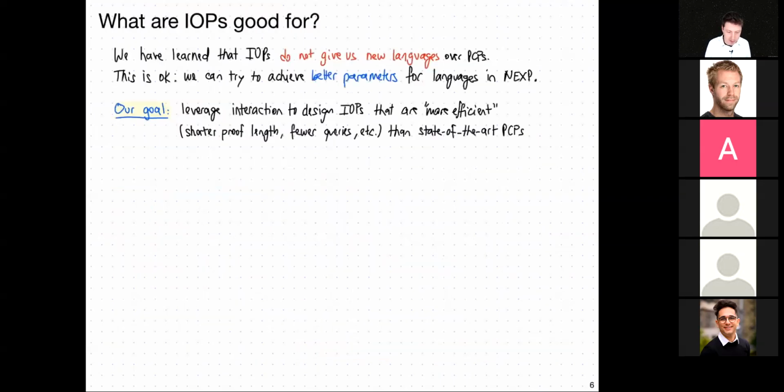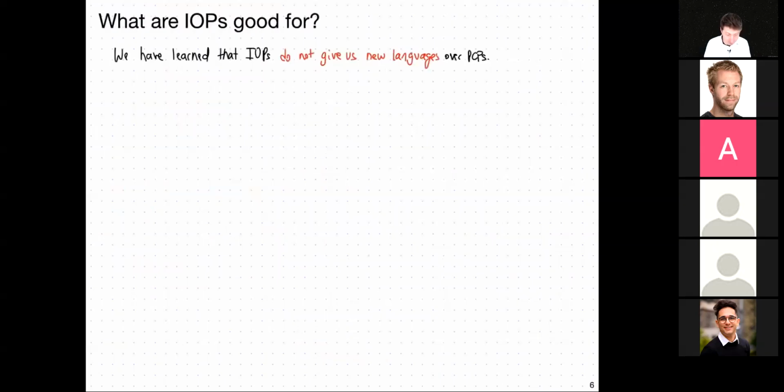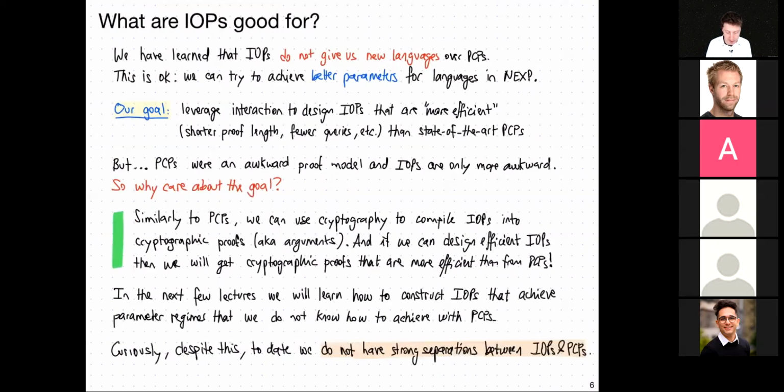All right. So before we continue to a first construction of an IOP, are there additional questions? Okay, there's a question about Amit, but it doesn't make a difference. We both need the same. I'm sorry, I didn't understand the question. So both of them can be compiled into cryptographic proofs.